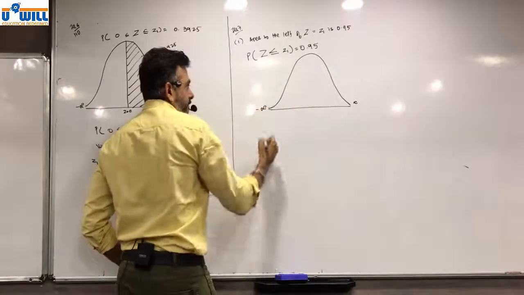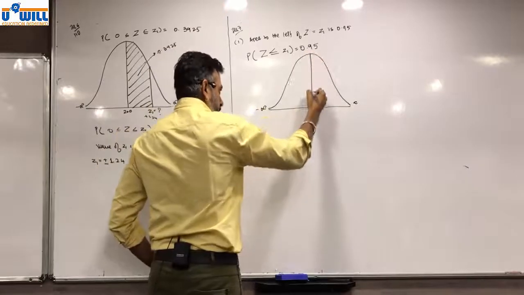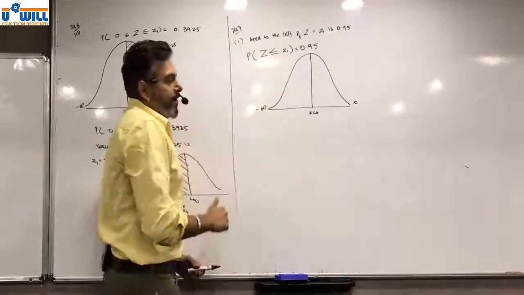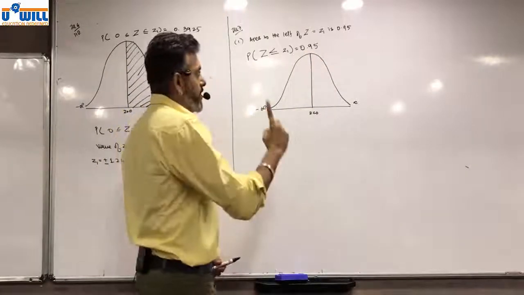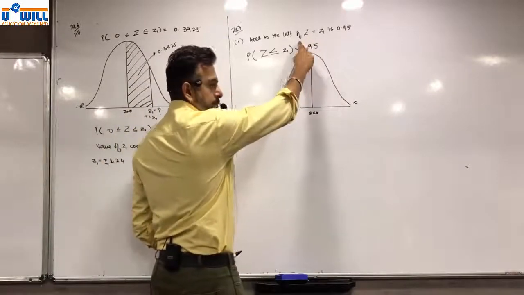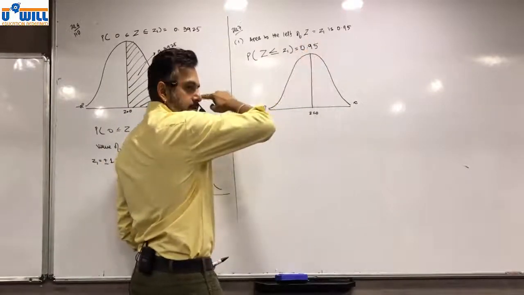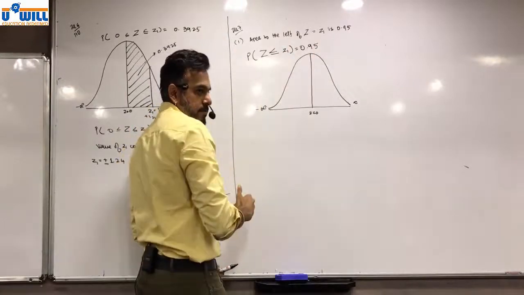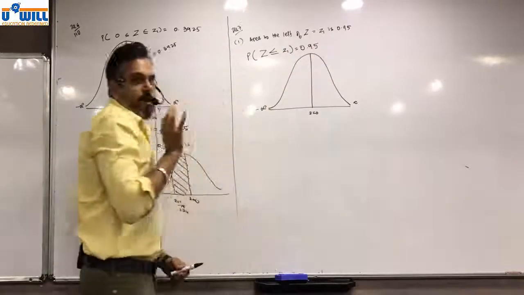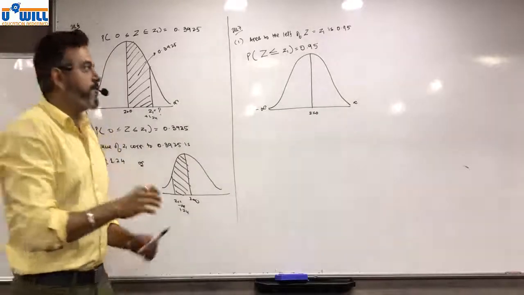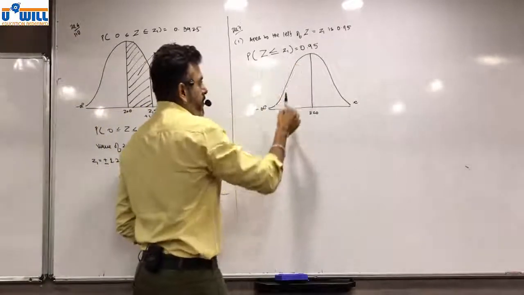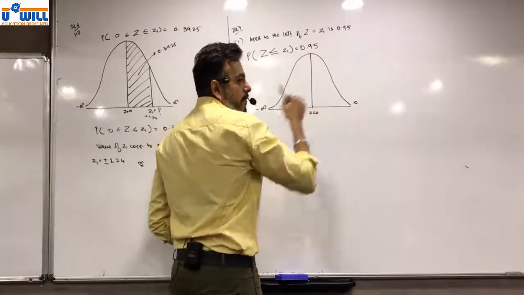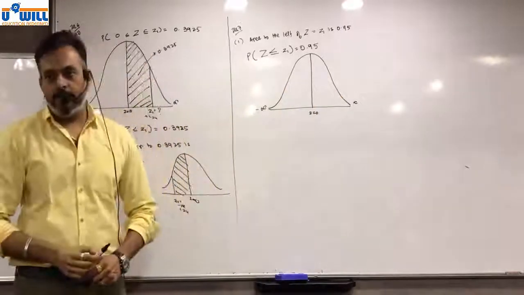Infinity, minus infinity, z is equal to 0. Now how will you decide? One thing is it's to the left, but left of what? Left of 0 or left of z1? Z1. But the question arises, where should we plot z1? Negative or positive? And how do we decide?